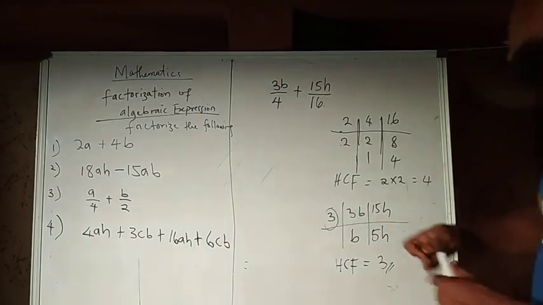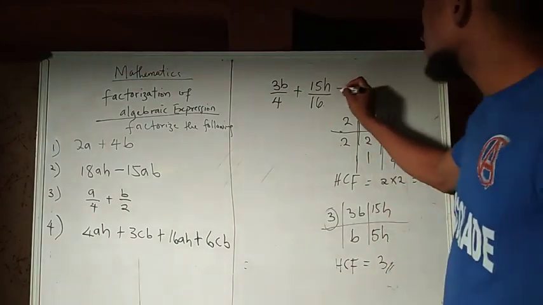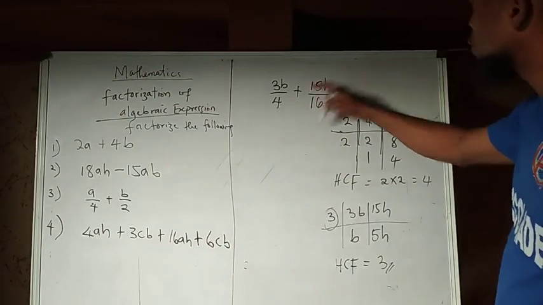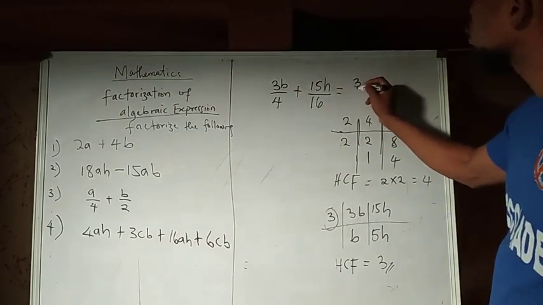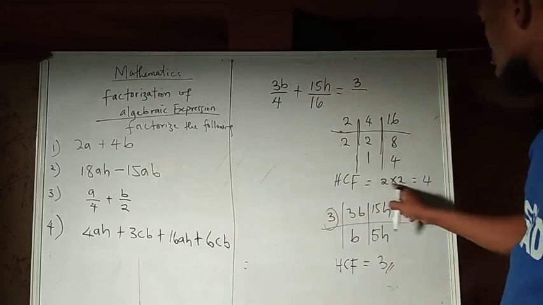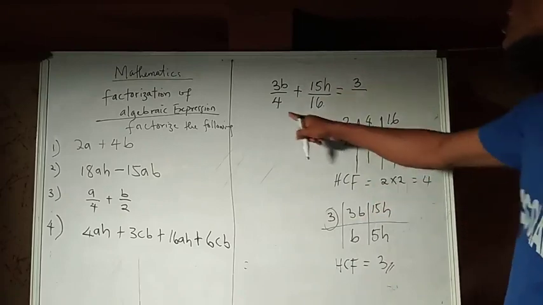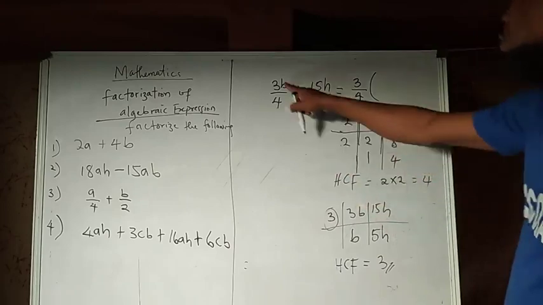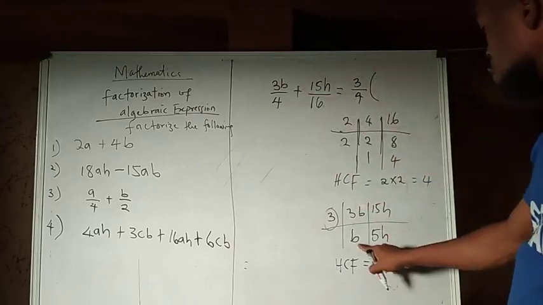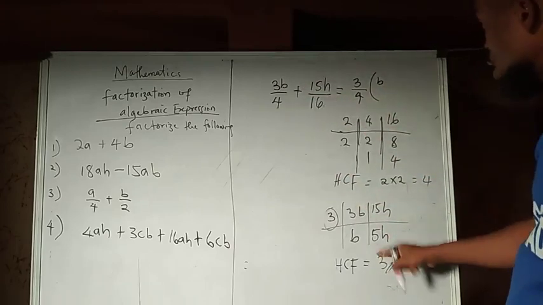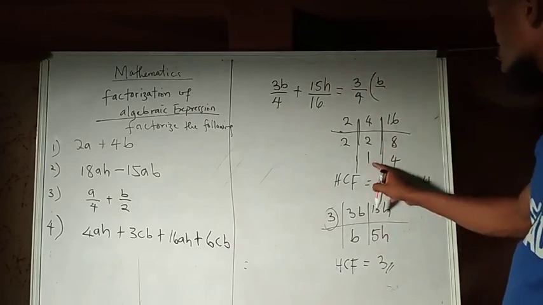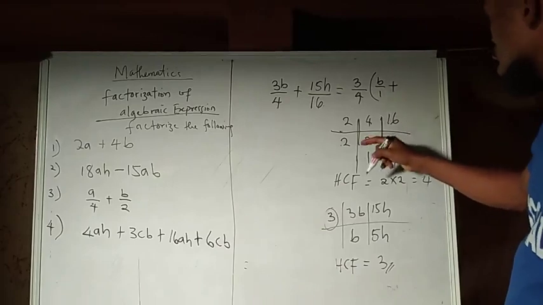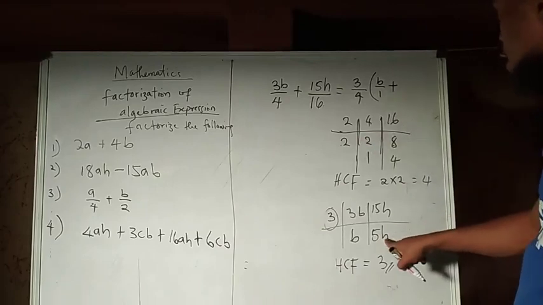So having said that, this expression will become, outside the bracket, on the numerator the highest common factor is 3, and the highest common factor on the denominator is 4, into the bracket of, when we divide this by 3 we are left with b, right? So b all over 4 is going to be 1 plus what do we have here? 5h, right?